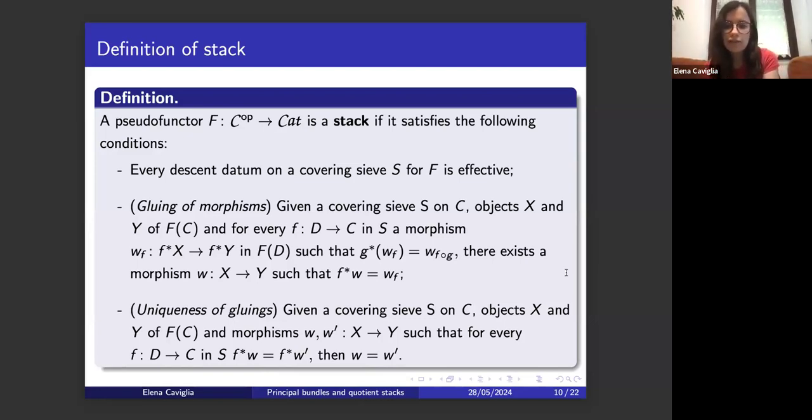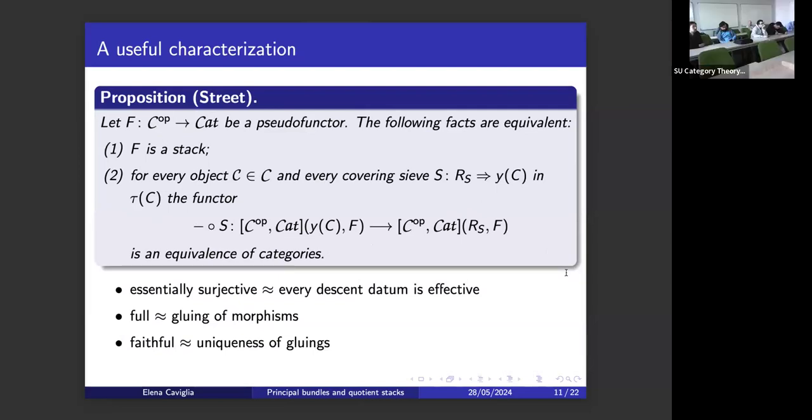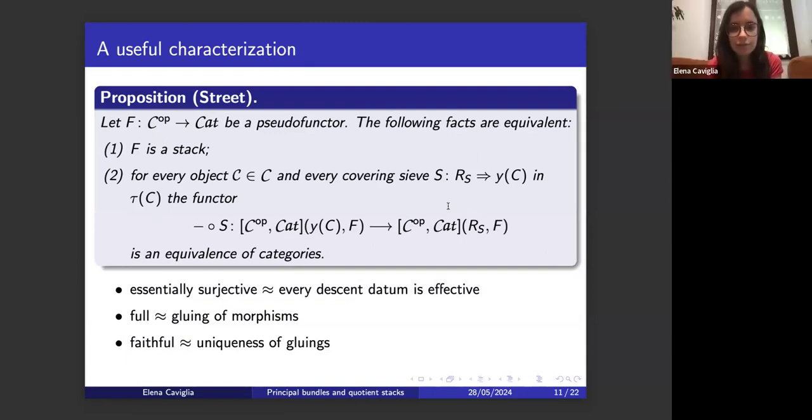Okay, so now that we have the definition of stack, we are going to see a characterization of it that will be useful later on in the talk. So Street proved that F is a stack if and only if for every covering sieve, the functor of precomposition with the covering sieve is an equivalence of categories.